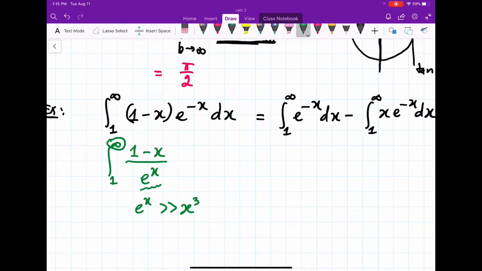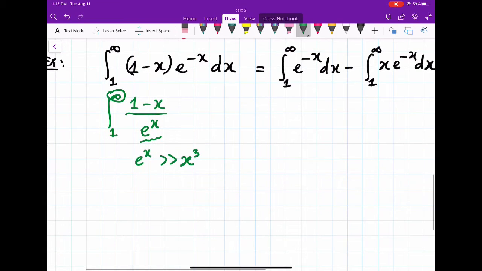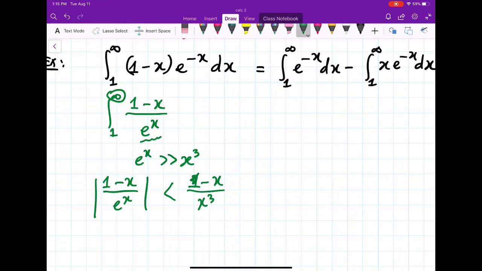Is that correct? So you might compare with x cubed, and then you might just consider the absolute value in here, right? Because you have 1 minus x, you might compare this with x cubed, and we say, yeah, the absolute value of 1 minus x over e to the x is less than 1 minus x over x cubed. And you consider similarity, because 1 is just a constant, so you don't care about that, right?